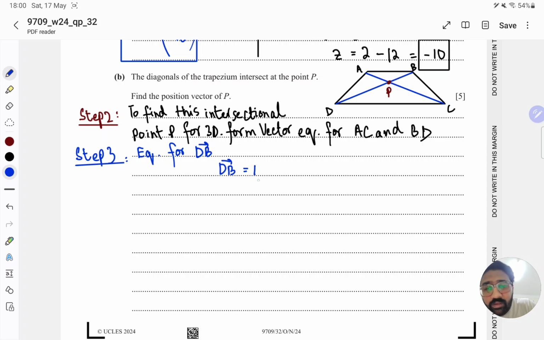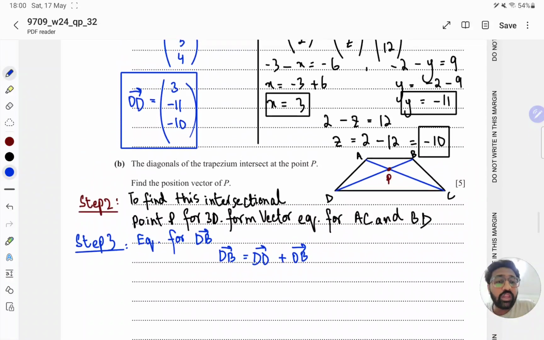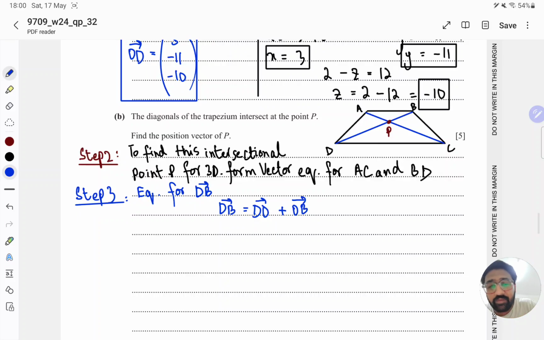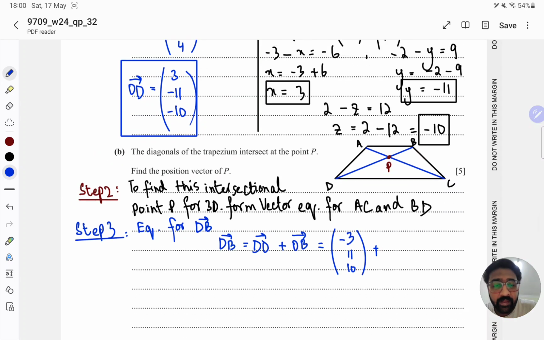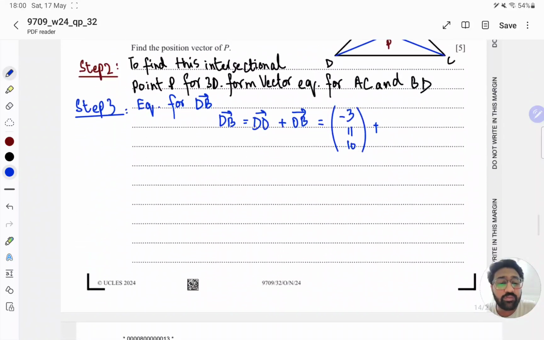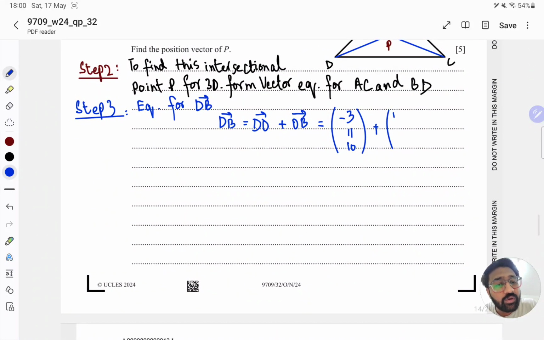DB will be equal to DO plus OB. OD we already found out, so DO is going to be the negative of that: minus 3, 11 and 10. OB we already have in the question. OB is 0, 4 and 1. So adding 0, 4 and 1 will give you minus 3, 15 and 11. This is the equation for DB.